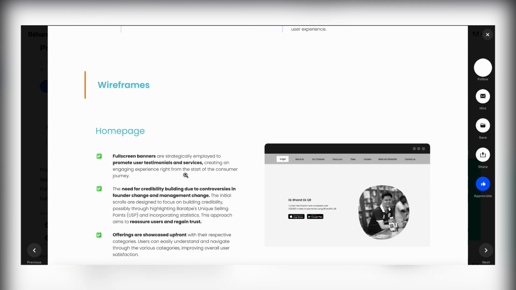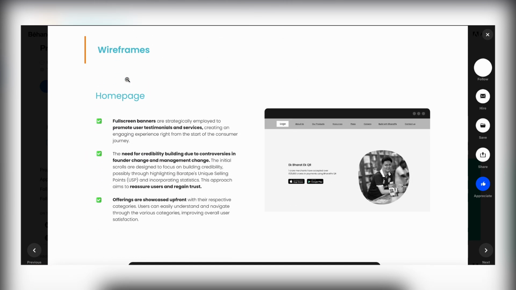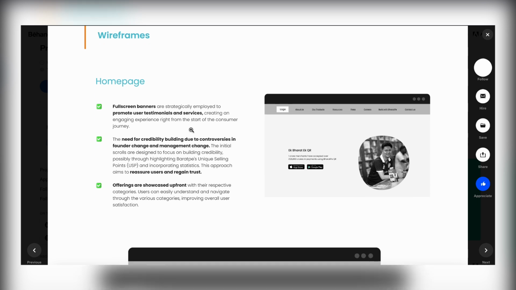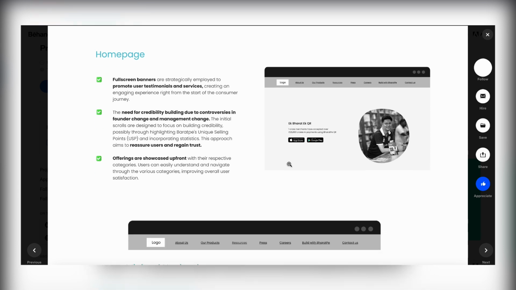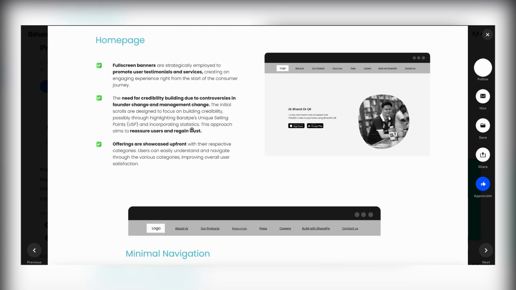Now, wireframes. He's directly jumped into wireframes, okay? Homepage. Full screen banners are strategically employed to promote user testimonials and services, creating engagement. Okay, so these are banners. The need for credibility building due to controversies in founder change, management change.